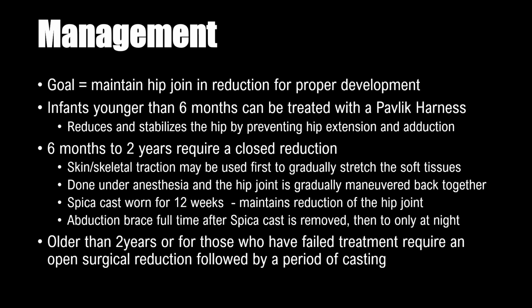It's very painful to do that, so that's why it can be done under anesthesia. Sometimes skin or skeletal traction may be used first to gradually stretch the soft tissues before they do the closed reduction. And then after the closed reduction, a spica cast is worn for 12 weeks, and that will maintain the hip in reduction, okay? It'll keep the hip in that hip joint.